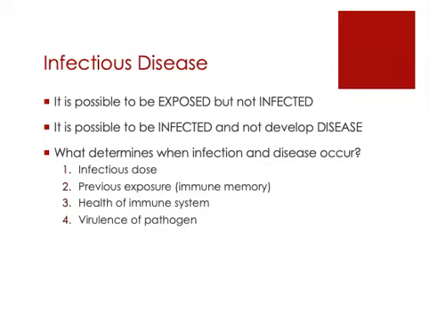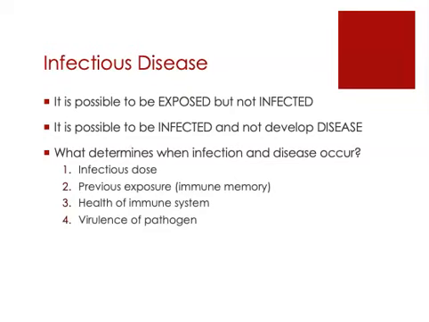The question is then, what determines when infection and disease occur? What is it that determines why one person might develop infection but not disease, and why another person gets a full-blown case of the disease? I've listed here some of the things that help determine when infection and disease occur.